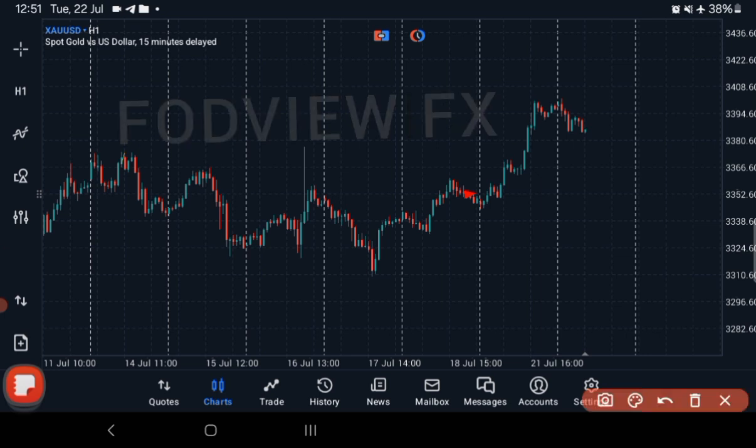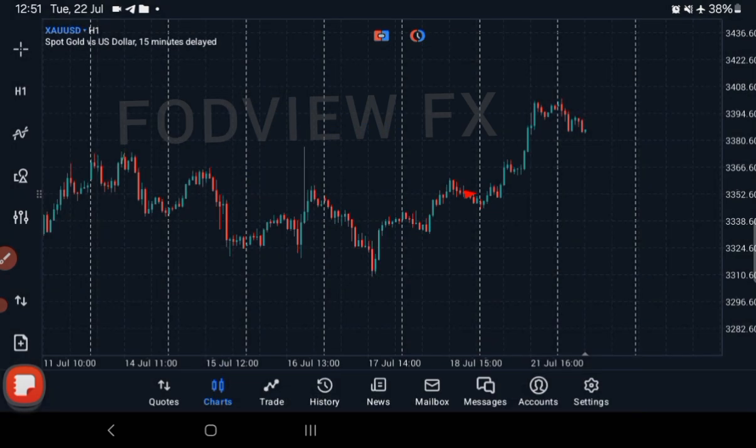The price makes a higher low, higher high, higher low, higher high, and continues. That is for an uptrend. The price makes a higher high and a higher low.